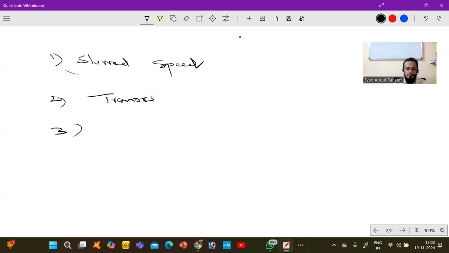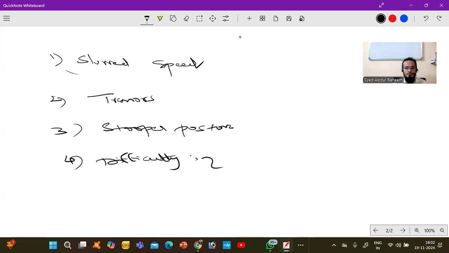What is the third symptom you can see? Posture. We'll see the stooped posture in the image. This is the third thing. The fourth is abnormal gait, difficulty in walking. And the fifth one is rigidity. Rigidity means stiffness of muscles.